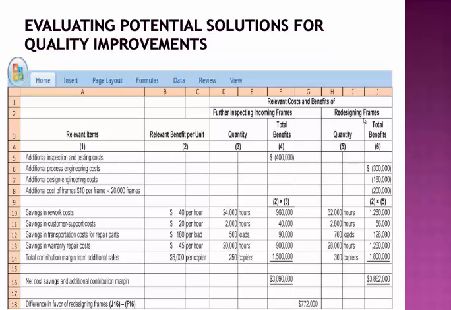If we redesign the frames, we've got those process and design engineering costs plus the additional cost of the frames that we're buying from those suppliers.